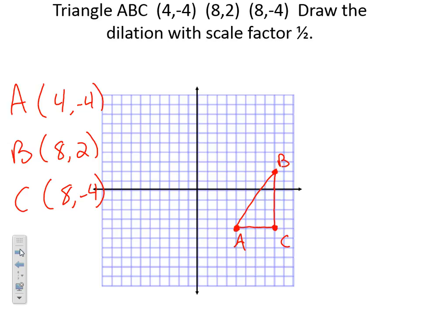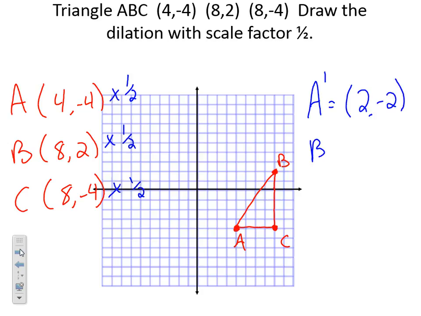So now we're going to multiply each of these by 1/2. So we know when we multiply by a fraction, our numbers are going to get smaller. So our A prime is going to be 2, negative 2. Our B prime is going to be 4, 1. And our C prime is going to be 4, negative 2.